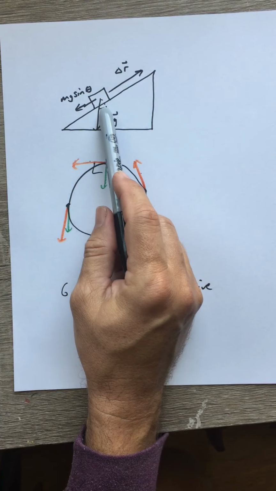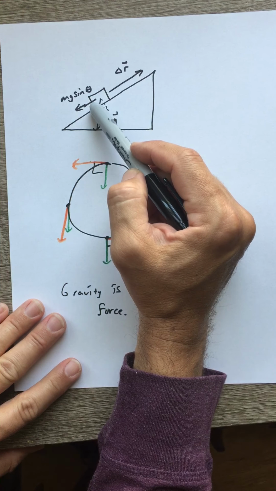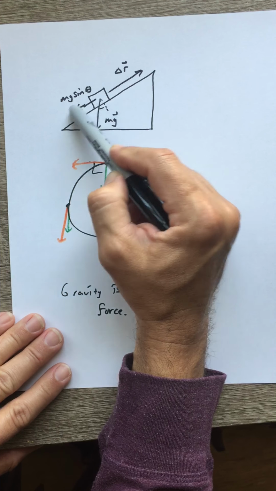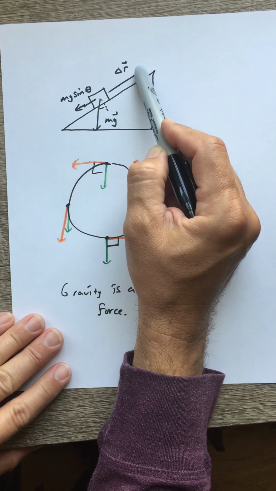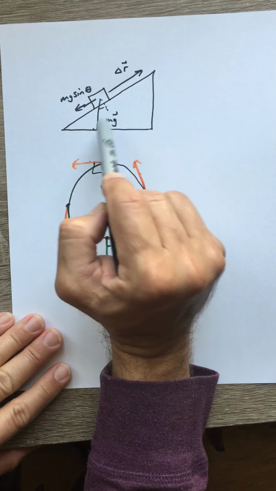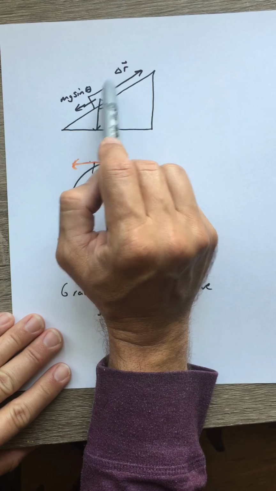If we're talking about friction, that does not make sense, because friction always opposes the motion. If I push the box up, friction is going backwards. And then if I let the box come back down, friction is now going up the ramp. Gravity hasn't changed, but friction changes direction based upon the motion.